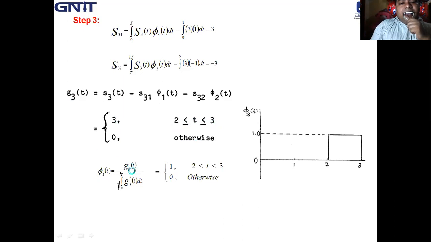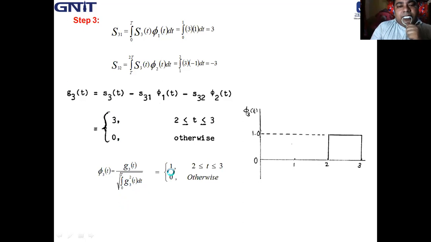Therefore, phi 3(t) is equal to G3(t) divided by the square root of the integration of G3 square (t) dt. So G3(t) is 3 and the root is again 3.